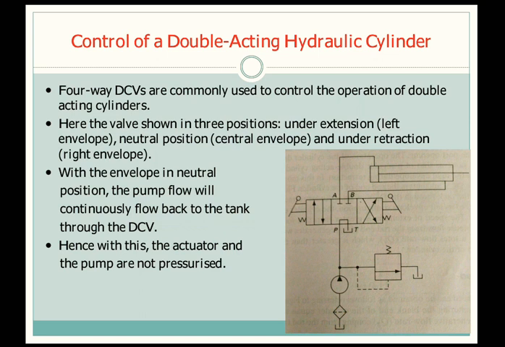In the figure they have shown the neutral position, and the pump flow passing to port P is directed towards the tank T, and both the piston end and rod end of the cylinder are cut off, as shown in lines A and B. The excess pressure present is also moved back to the sump through the pressure relief valve. So the pump will not be pressurized during this condition.